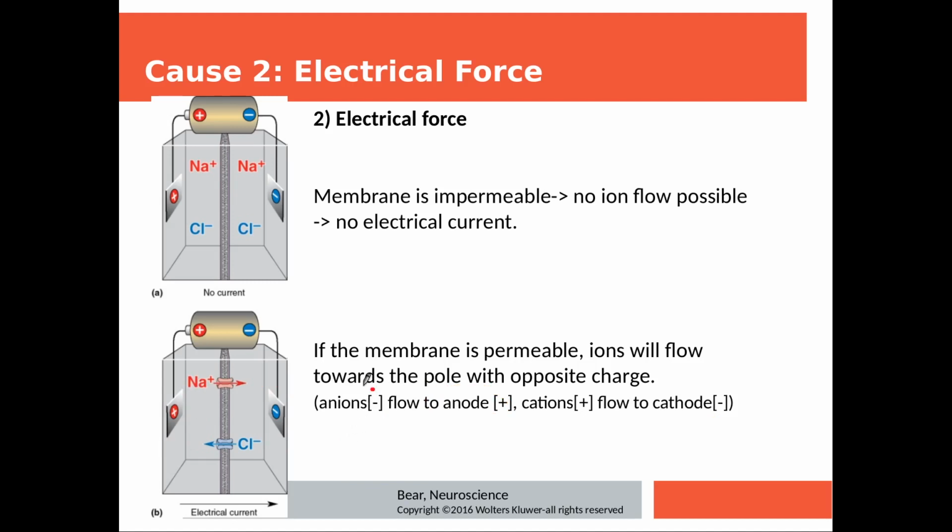And we call negatively charged ions anions. So our Cl minus is an anion. Cations are K plus or Na plus, sodium or potassium. I'll just say positively charged ions or negatively charged ions, so you don't have to remember.